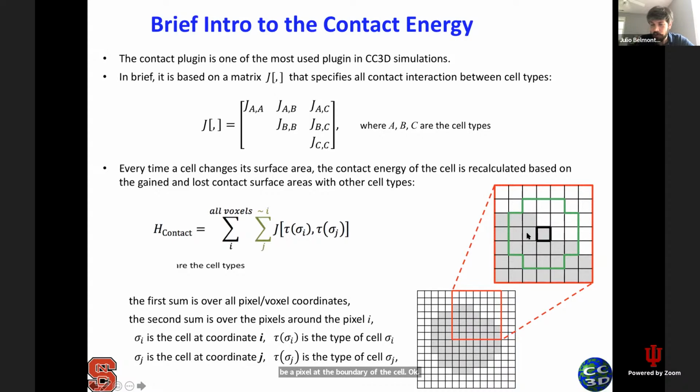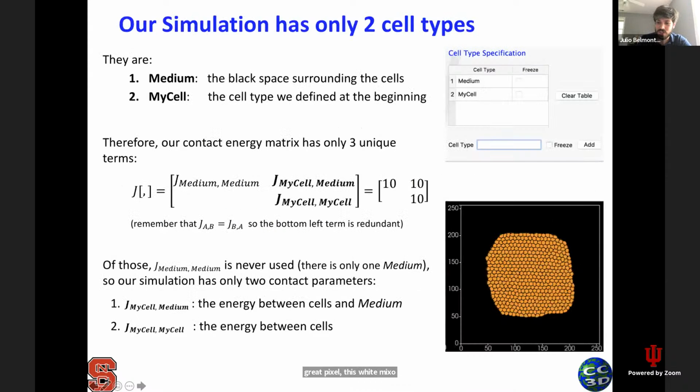And you ask how many neighbors this pixel has. In this case, you're looking over this whole neighborhood inside the green, and you're looking over the table and calculating the energy between this gray pixel and this gray pixel, this gray pixel and this white pixel, and so on.